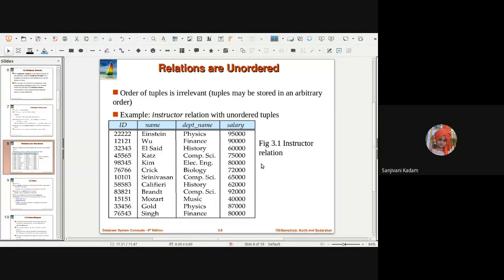So this entry will not be a part of my output. That filter of salary greater than 65,000 is applied here, and only those tuples or records which satisfy the condition are given to me as output.